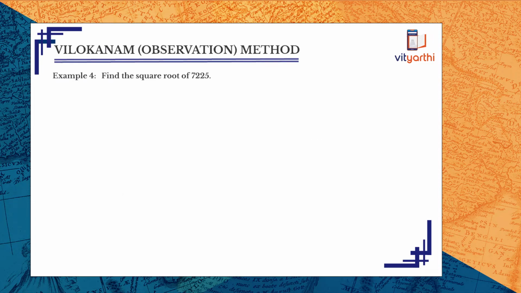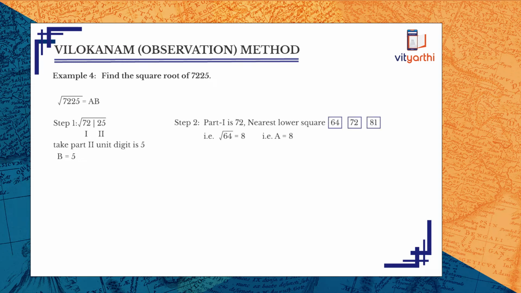Square root of 7225, let it be equal to AB. Make two partitions. In the first partition we have 72. In the second partition we have 25. Find the unit digit of the second partition, that is 5. It means B equals 5. What is the value of A? Now take the first part, that is 72.